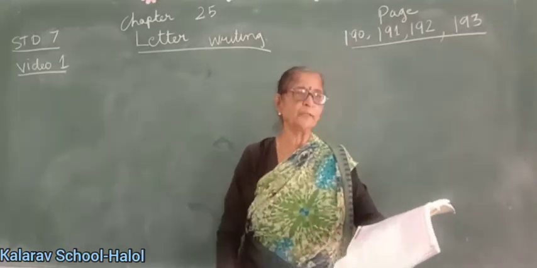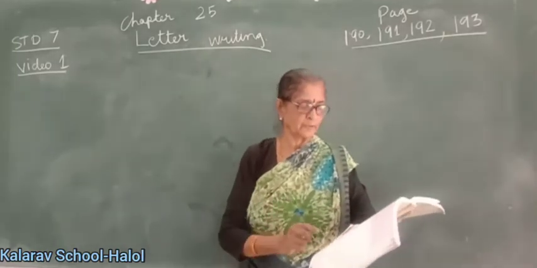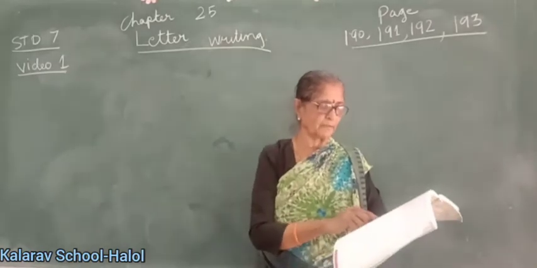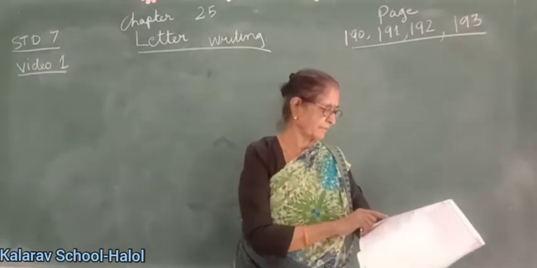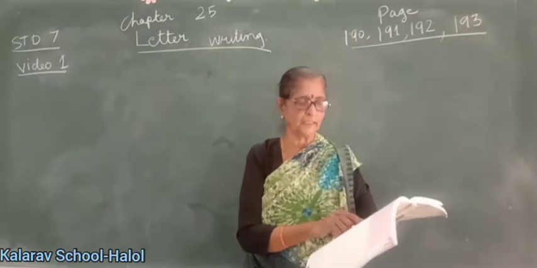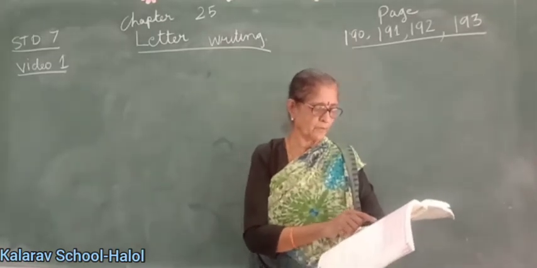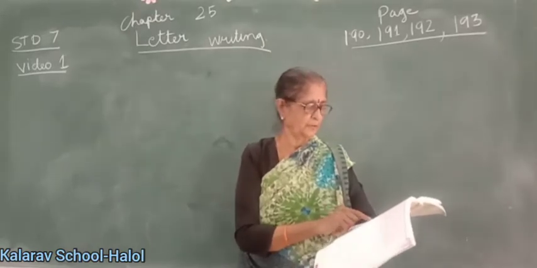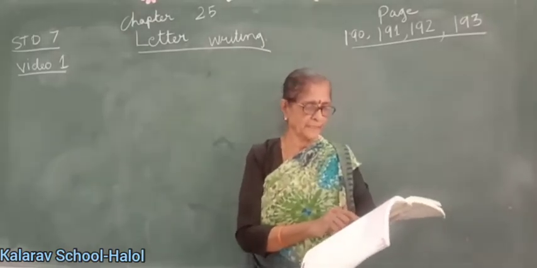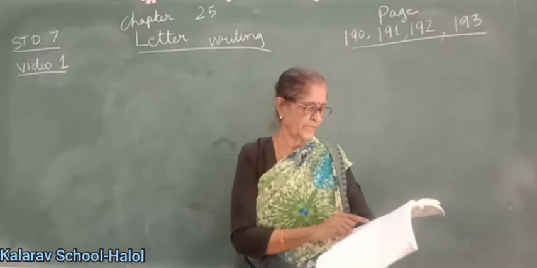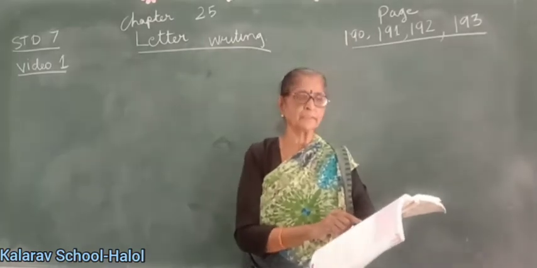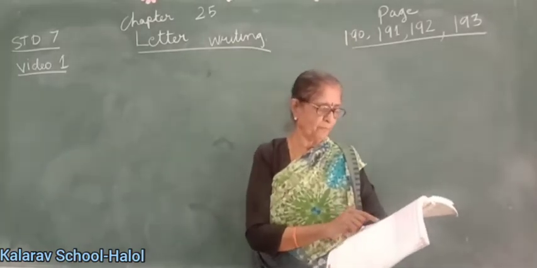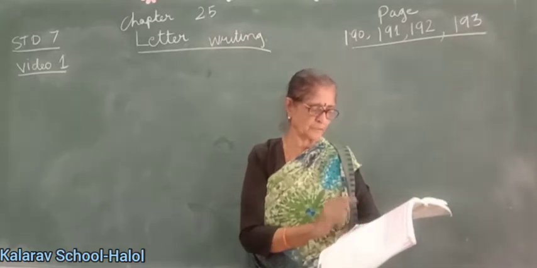The form of salutation varies from person to person, depending on the relation with the person addressed and the purpose of writing the letter. To a member of the family we write my dear mother or dear father. To friends we write dear Neha, my dear Neha. To businessmen we write dear sir, dear madam. To officials we write madam or sir.